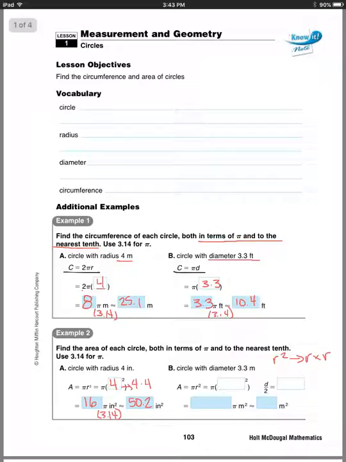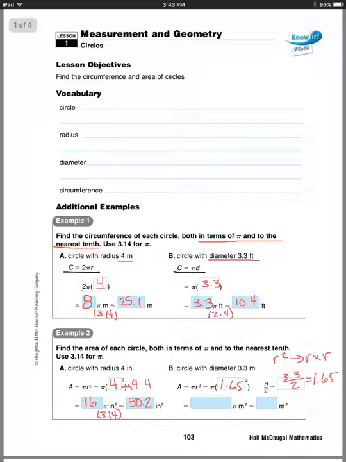Okay, this is a circle with a diameter of 3.3. Well, in our formula, we need radius. So we take the diameter and divide it by 2. So we have 3.3 over 2, and that equals 1.65. And that is what we're going to put in for our radius now.